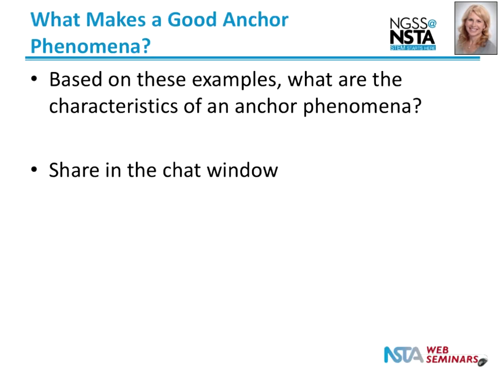Let's leverage patterns and think about the similarities between these examples. Based on these examples, what are the characteristics of an anchor phenomena? Please share a response in the chat window.